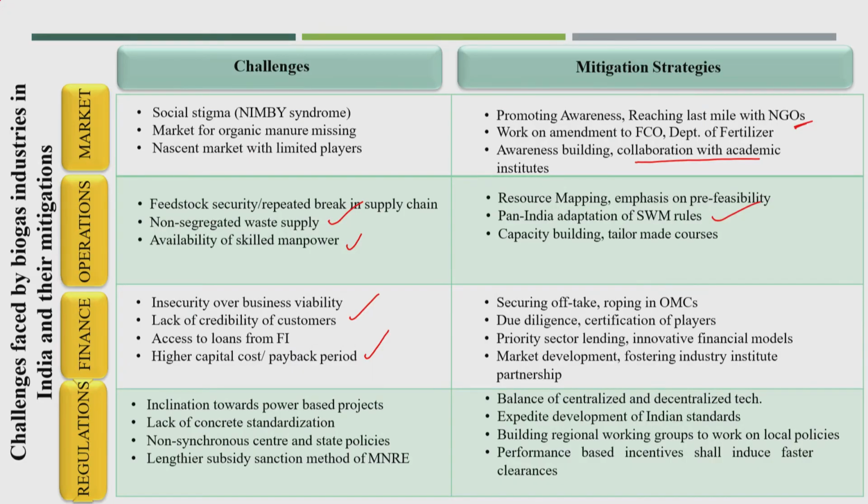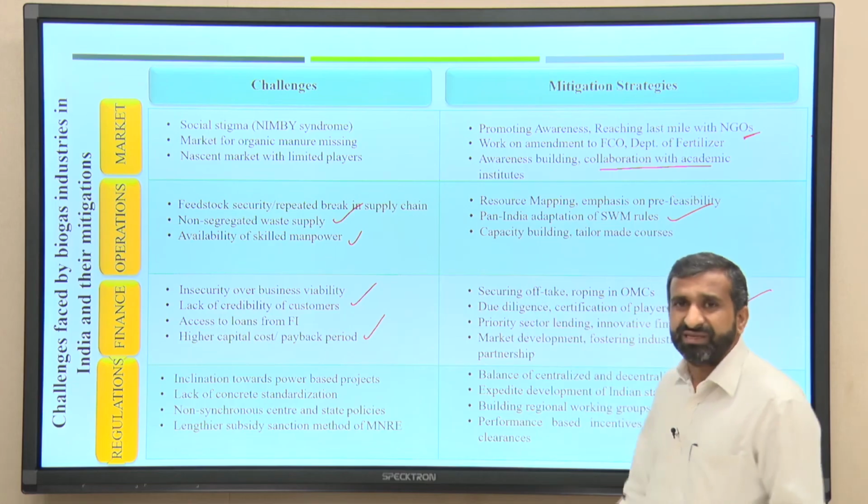So, if you are able to get segregated biological or wet waste material, you can easily change the supply chain. And also an industrial market can be created, and likewise there are the challenges. Challenges could be there for any kind of treatment facility, but there will be some mitigations.